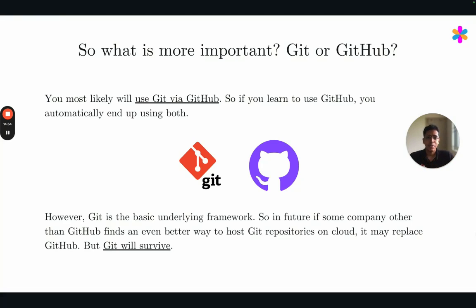And for learning GitHub, you can also learn GitHub Desktop, which we'll come to in the later part of the course. But please know that maybe 20 years down the line, I don't know if GitHub will exist. Maybe it will exist, but I'm almost certain that Git will continue to exist because it's a very natural way of doing version control, the Git framework.